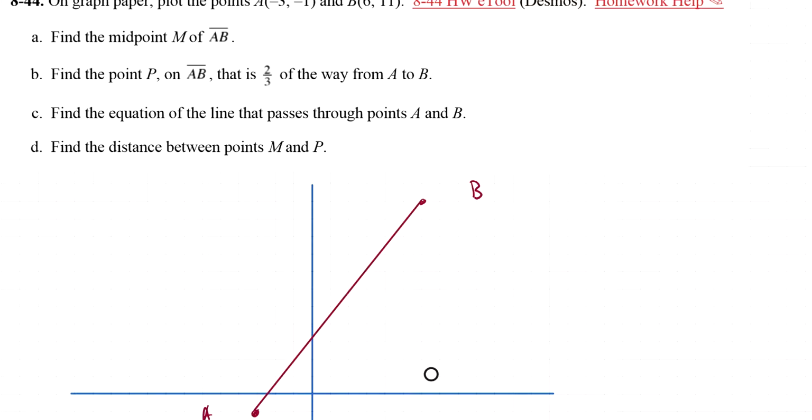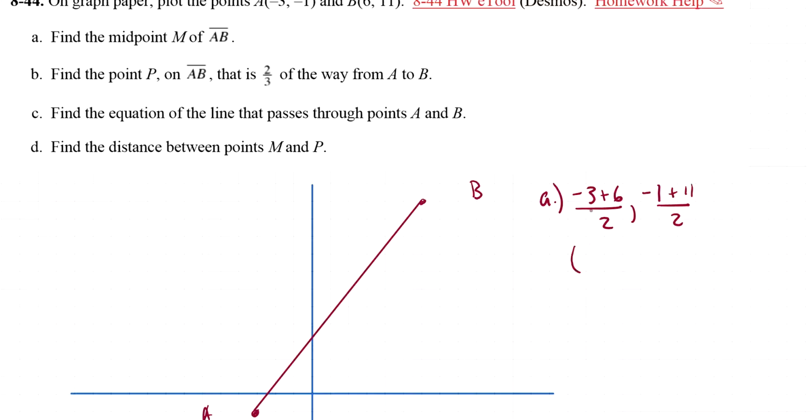So I want to find the midpoint. Okay, so finding the midpoint is pretty easy. Remember, we can take -3 plus 6 divided by 2, and then -1 plus 11 divided by 2.